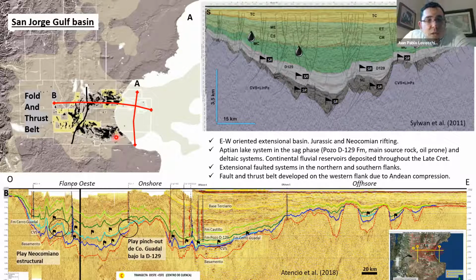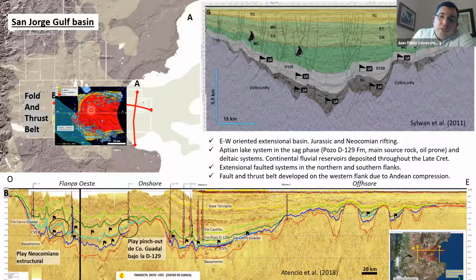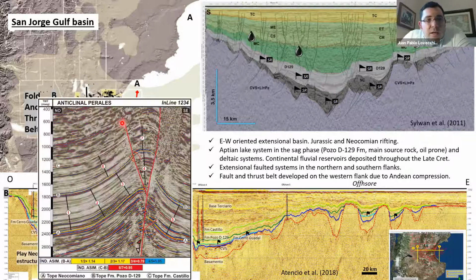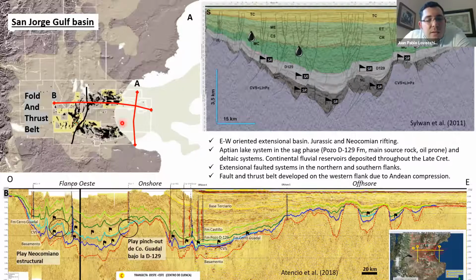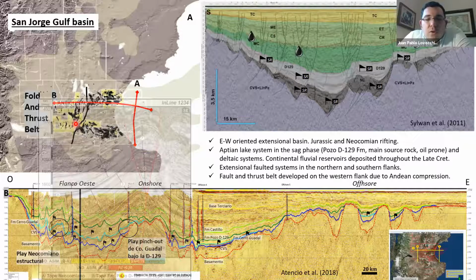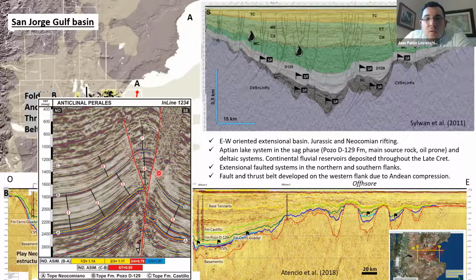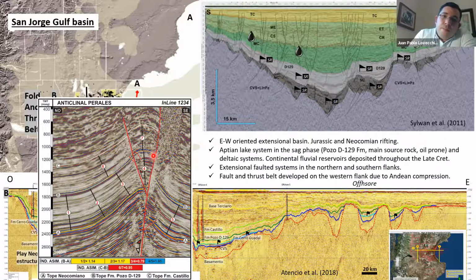This is a maturity map showing the gas and oil window for the source rocks. And another particular thing is that the western part is submitted to compression of the Andes in the Cenozoic, and there's a development of a fold and thrust belt, which also creates compressional structures and thus structural traps.